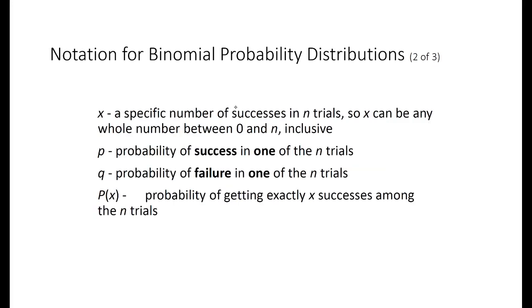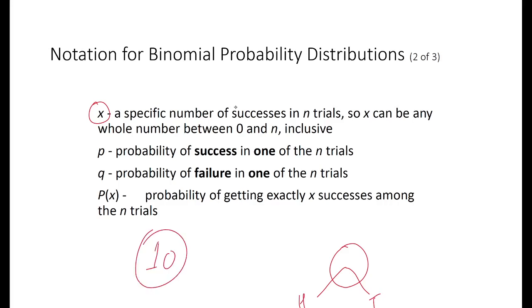So more notation here. We use x for a specific number of successes in n trials. So x can be any whole number between 0 and n. Think about that same example, flipping a coin, which gives you head and tail, two different outcomes. Now we're flipping, let's say, 10 times.